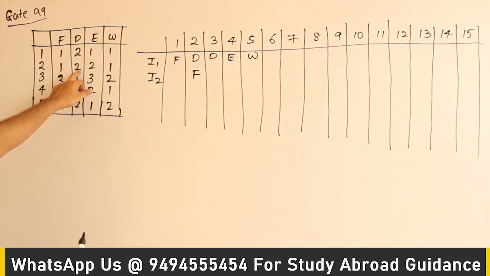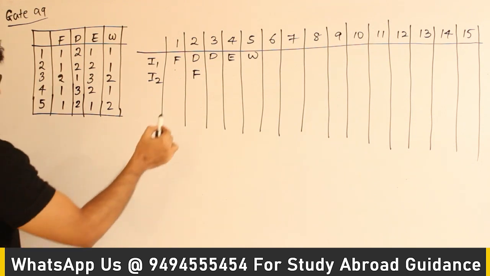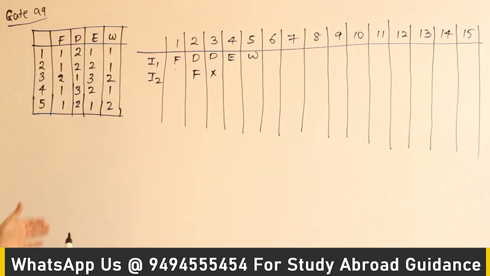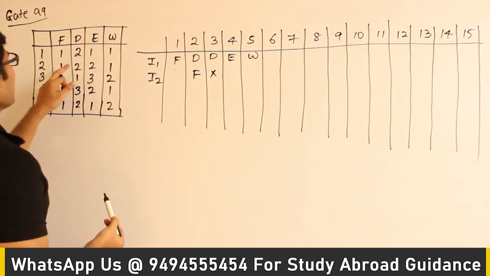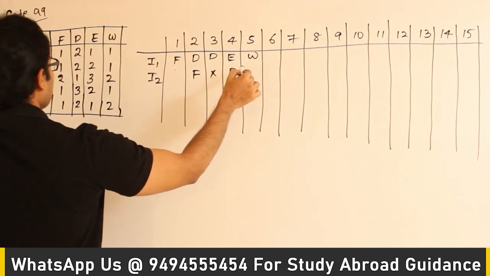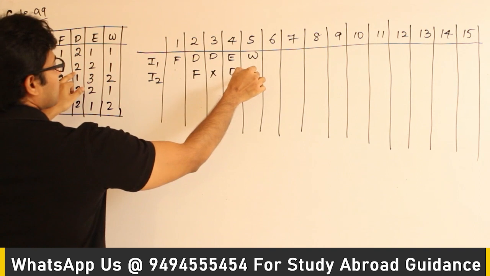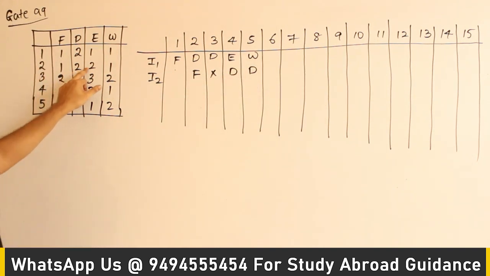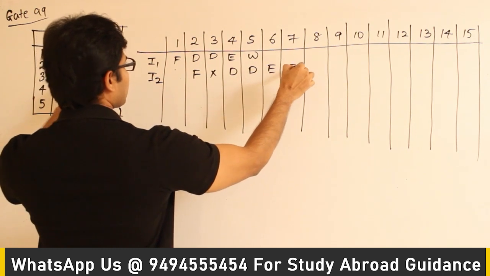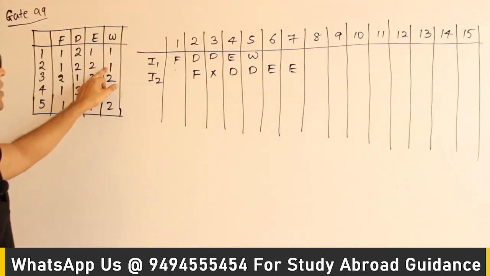Decode is used for 2 cycles, so you cannot start decode while it is under use. That is why we have to stall, we have to wait. That is called a stall. Now we start decode whenever it is next available, and decode has to be done 2 times. After decode we do execute. Yes, we can start execution here for 2 cycles. Got it? And then write back 1.